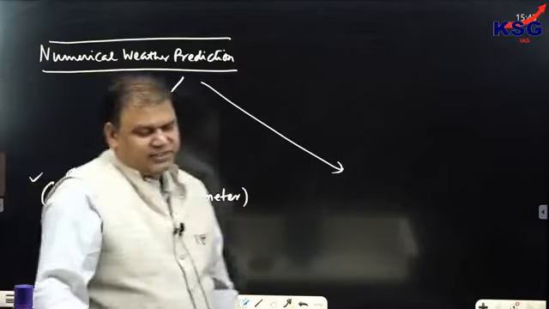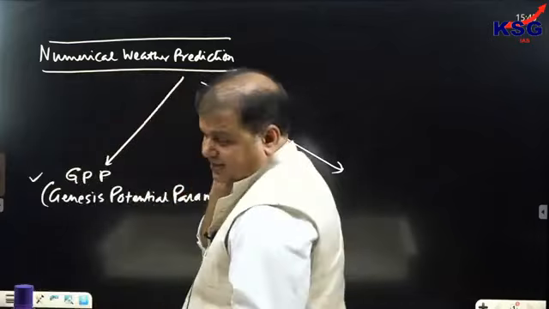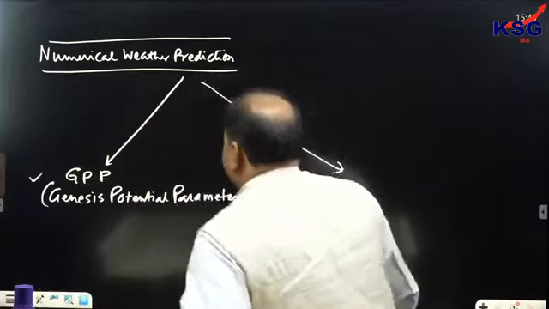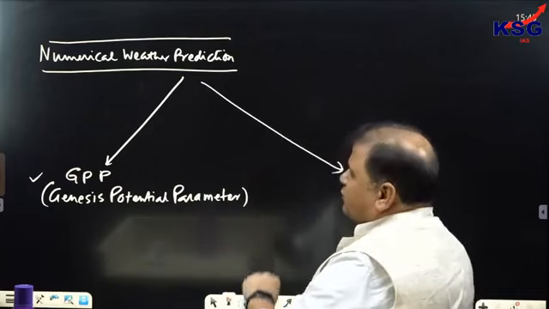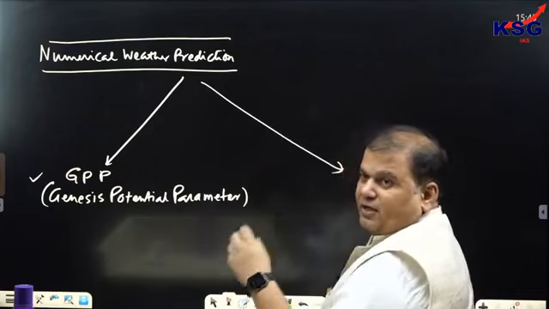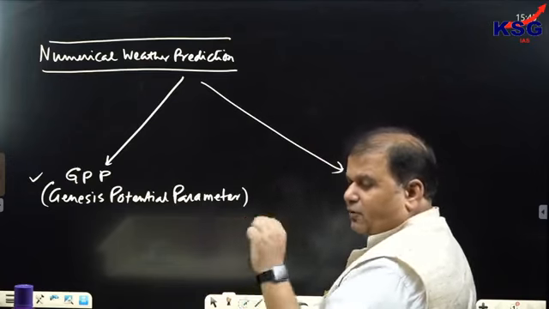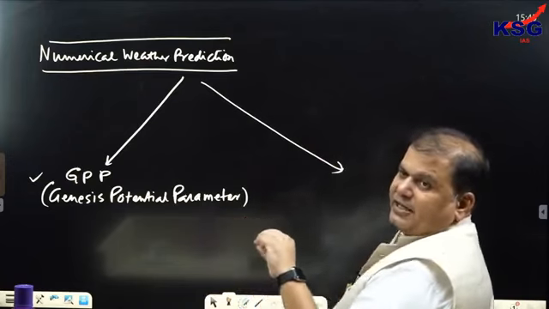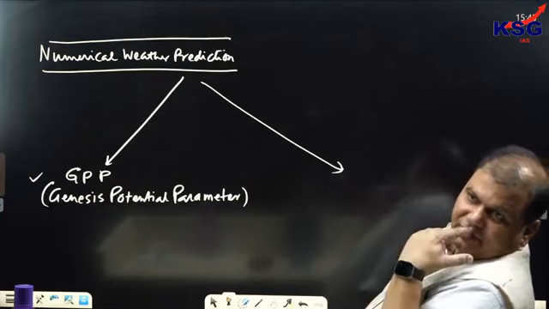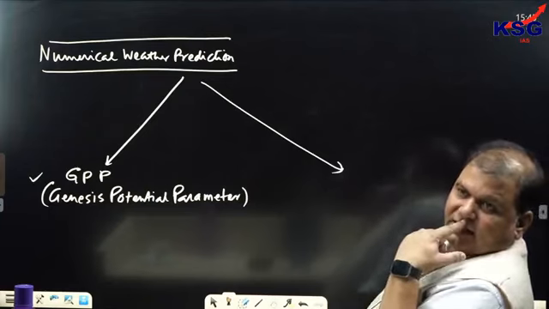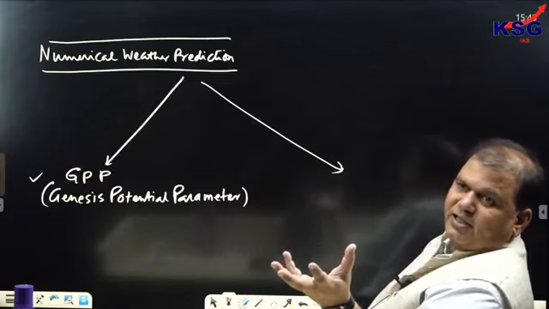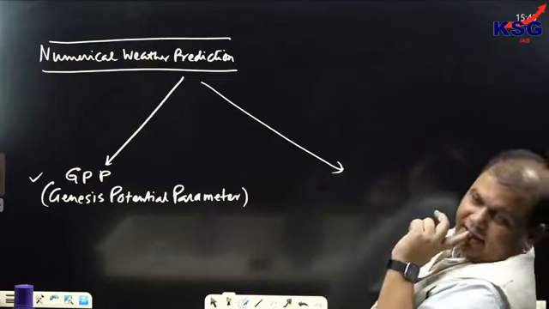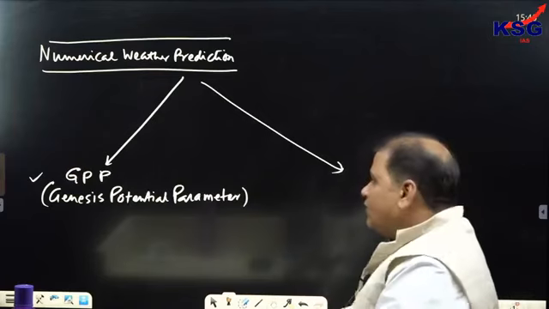And as far as GPP, Genesis Potential Parameter, is concerned, the purpose is to ascertain whether a low pressure area surrounded by a high pressure area can transform into a tropical cyclone or not. That's the reason for GPP.